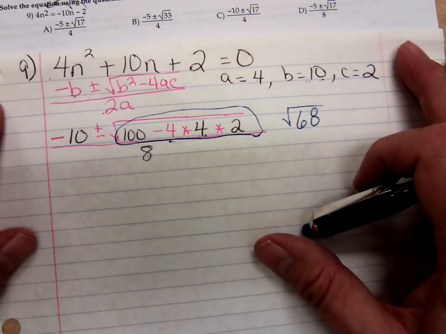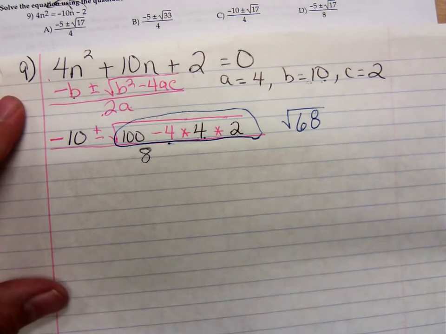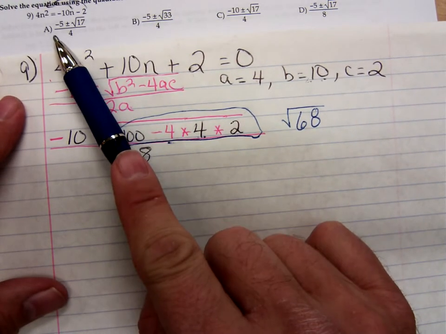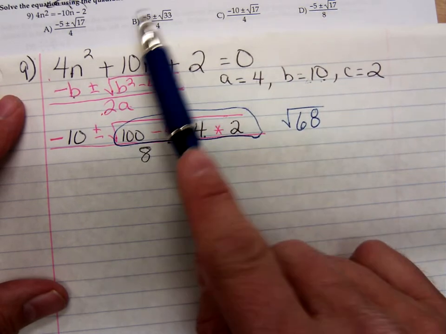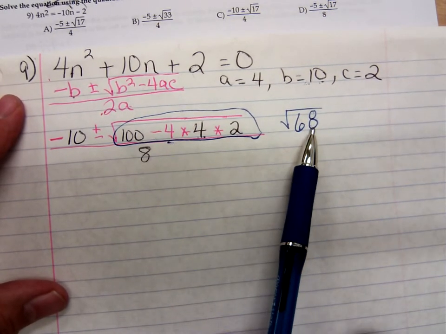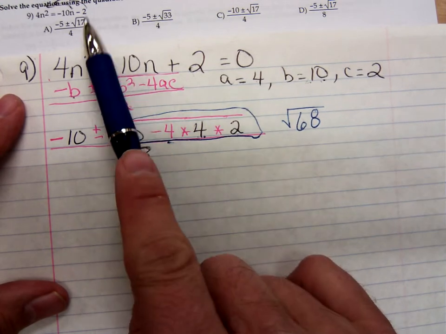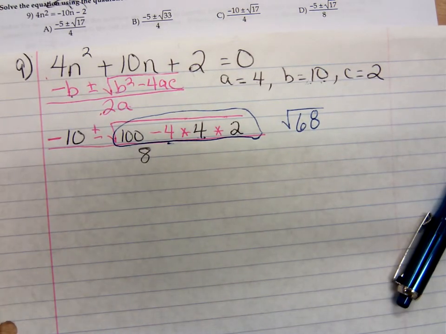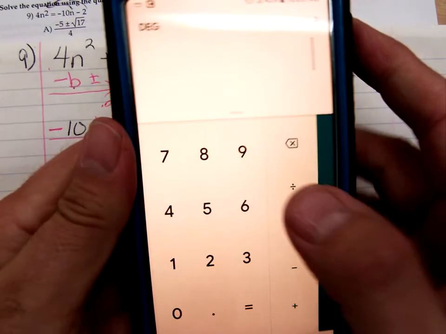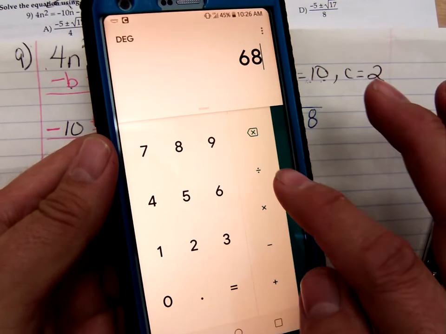Odds are 3 to 1 that there should be a 17, right? So 33 certainly doesn't divide into 68. But what about 17? What's 68 divided by 17? Is that a perfect square?